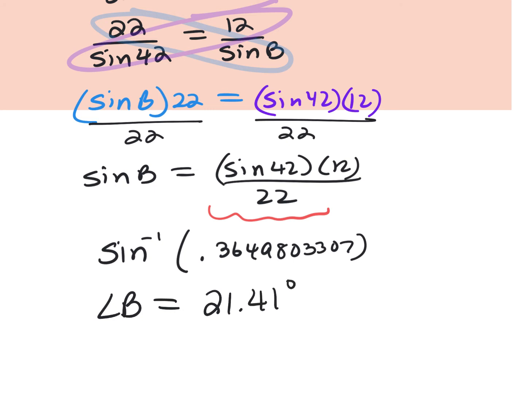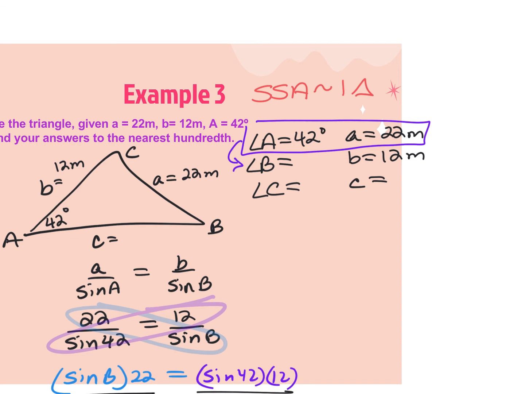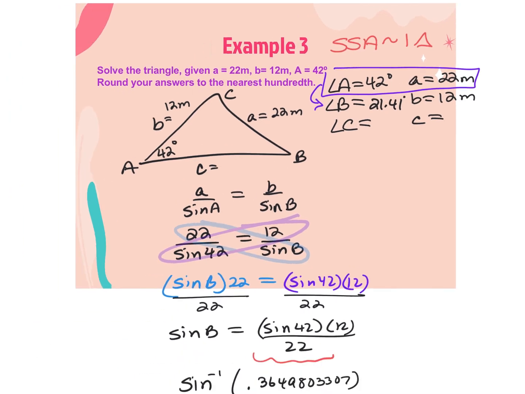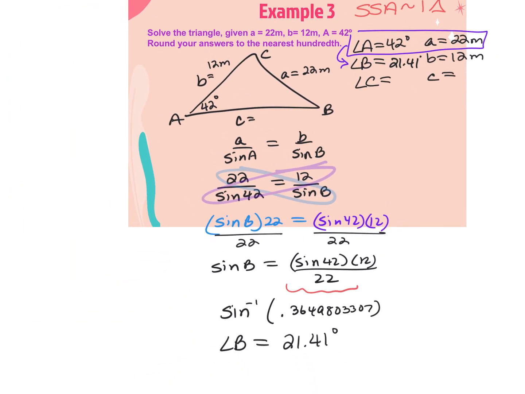Now, at this point, you can either choose to finish up this triangle, because we did not get an error, or do the check to see if you're going to have to go back and find a second triangle. So what I can do is I can finish up this one, and angle B is now 21.41. And now to find angle C, I'm going to add those two angles and subtract from 180. So the same thing I just did for the other triangle.